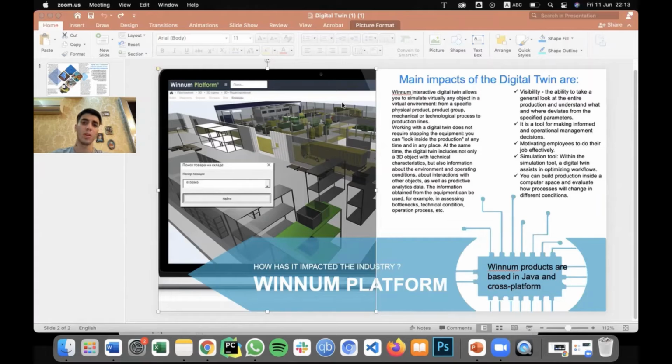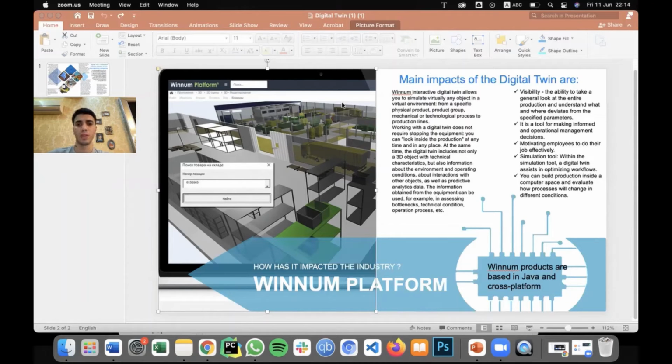And Vinum is an interactive digital twin, which allows us to simulate virtually any object in a virtual environment, like anything we see with our eyes. I mean, from a specific physical product, physical group, mechanical or technological process to production lines.